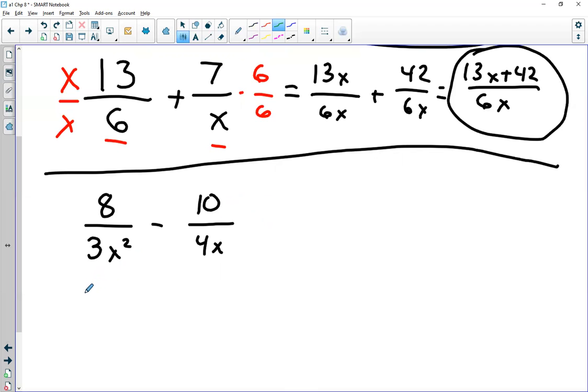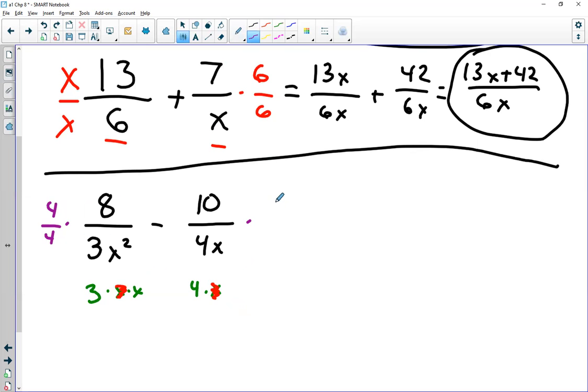It helps if I write out the factors. So 3 times x times x, and over here the factors are 4 times x. What do they already have in common? They already have an x in common, so I don't have to think about that. But what's missing over here is a 4, so I need to multiply this by 4 over 4.